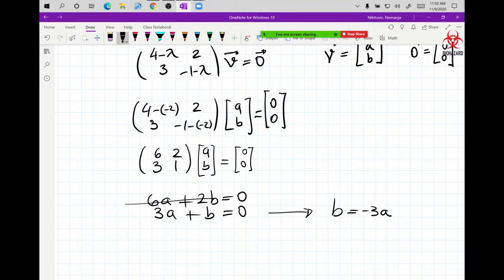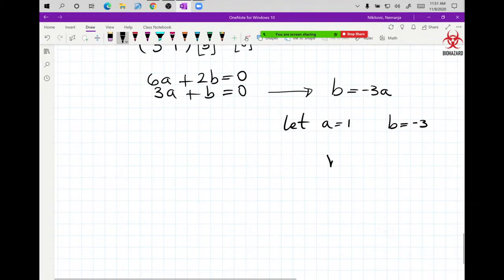I could have gotten the same conclusion from the top equation, right? So this is something that I was interested in, and now I say let a be 1, and then b is immediately negative 3, and there is my eigenvector 1, negative 3. It's as simple as that.